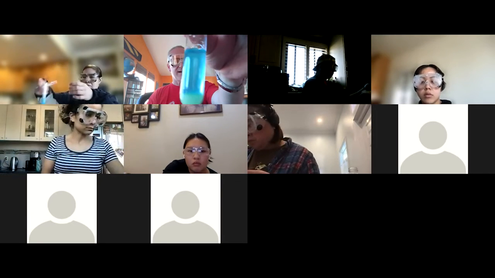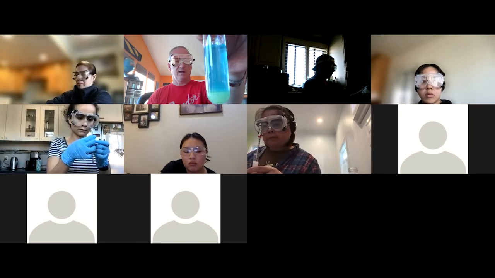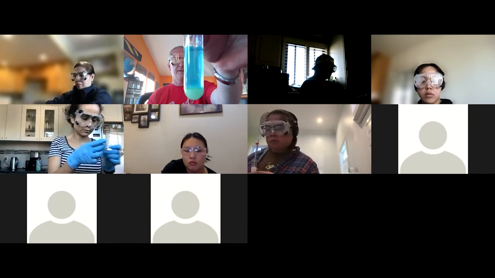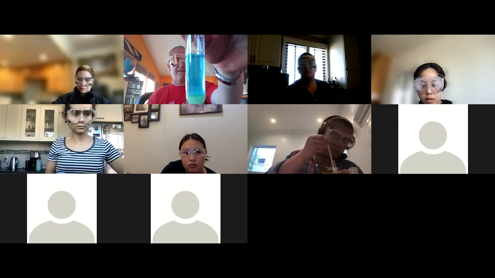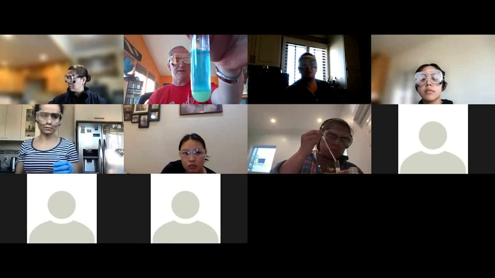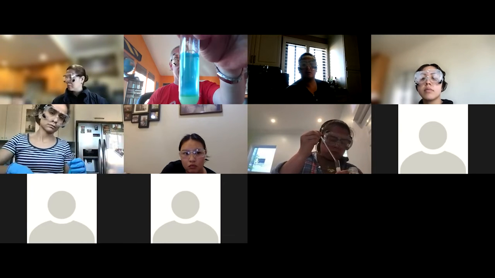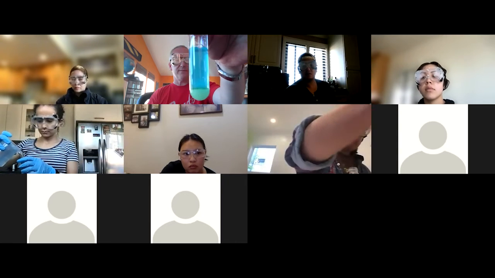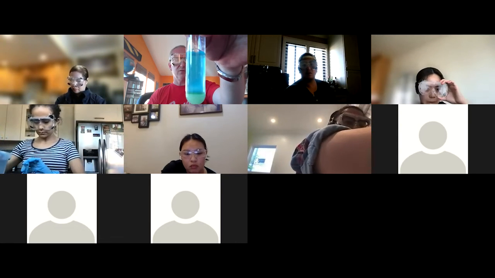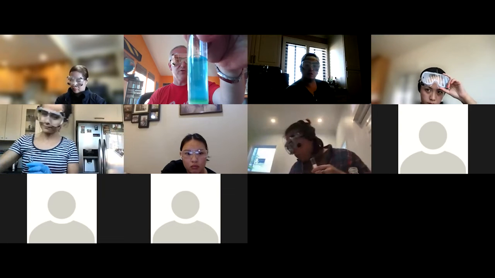So notice what I get here. There's my table salt at the bottom, and it really hasn't started going into solution yet. But note the color change. It's gone from blue to green.